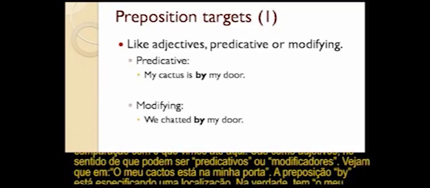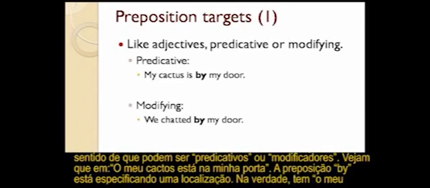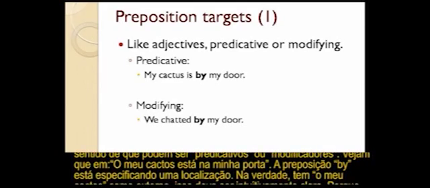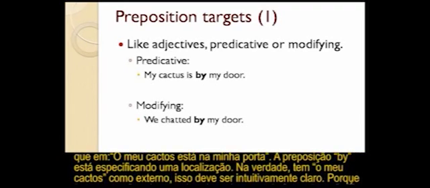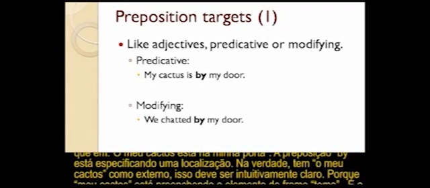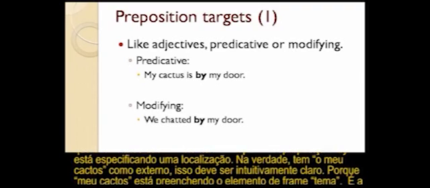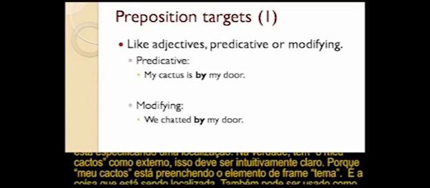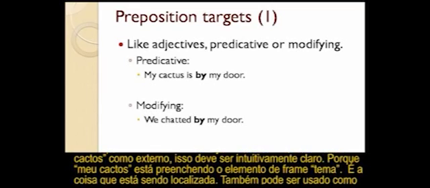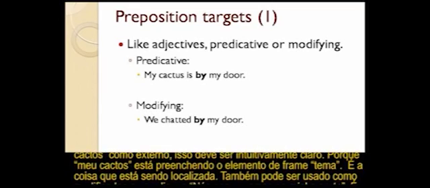The preposition by, specifying a location, has my cactus as its external. That should be intuitively clear, because my cactus is filling the theme frame element. It's the thing which is located.